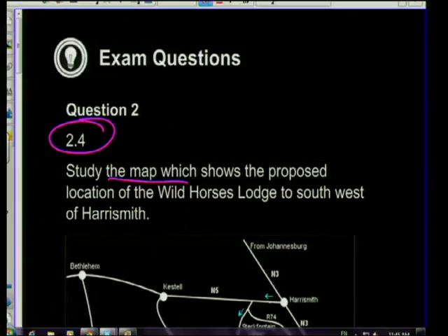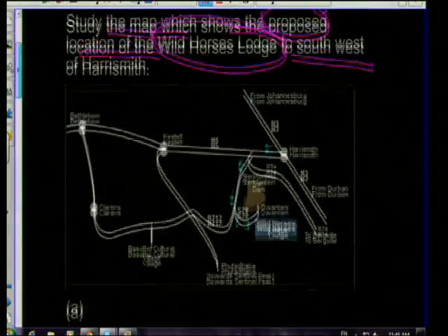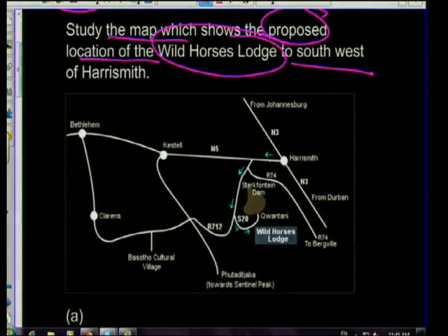Study the map which shows the proposed location of the Wild Horses Lodge to the southwest of Harrismith. Now this is a rough sketch. It's basically points, nodes, and you will be able to use this to determine different aspects, and it's a specific type of GIS.